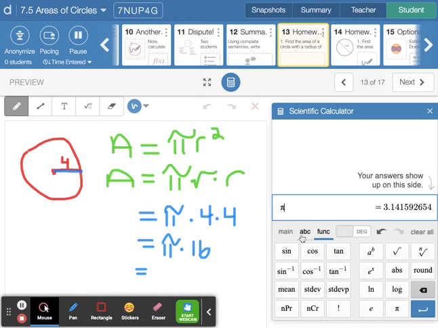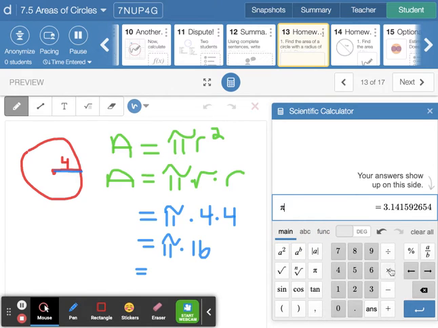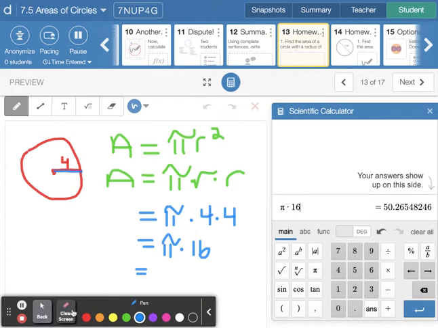So 50.27 or 50.265. So I'm going to come on over to here and say 50.27. And if you use 3.14, it's going to be an approximation. They're all approximations, so you may get something slightly different, and that's okay.